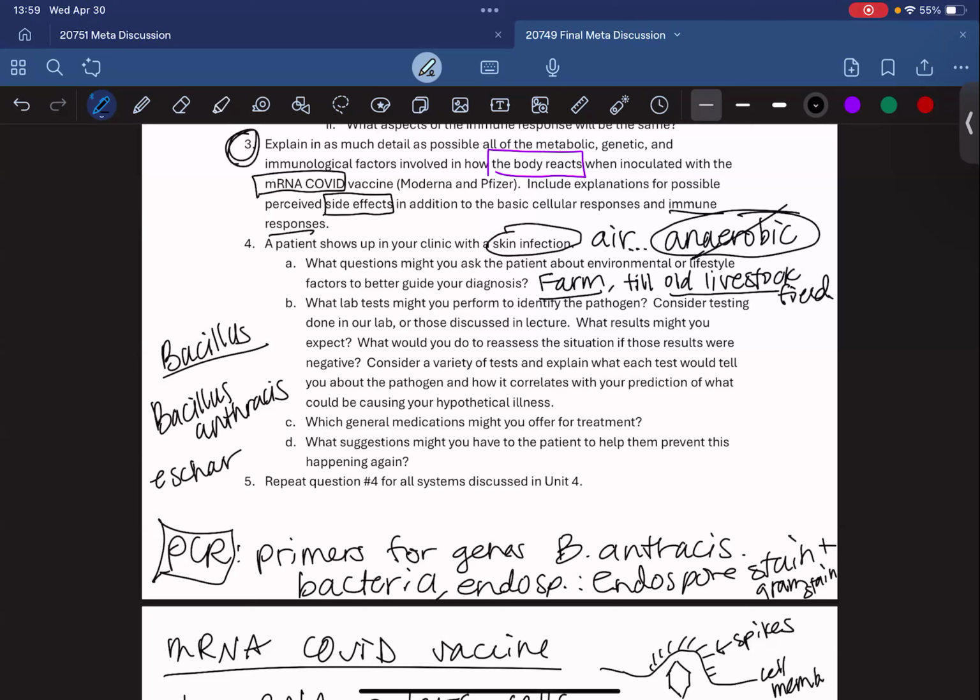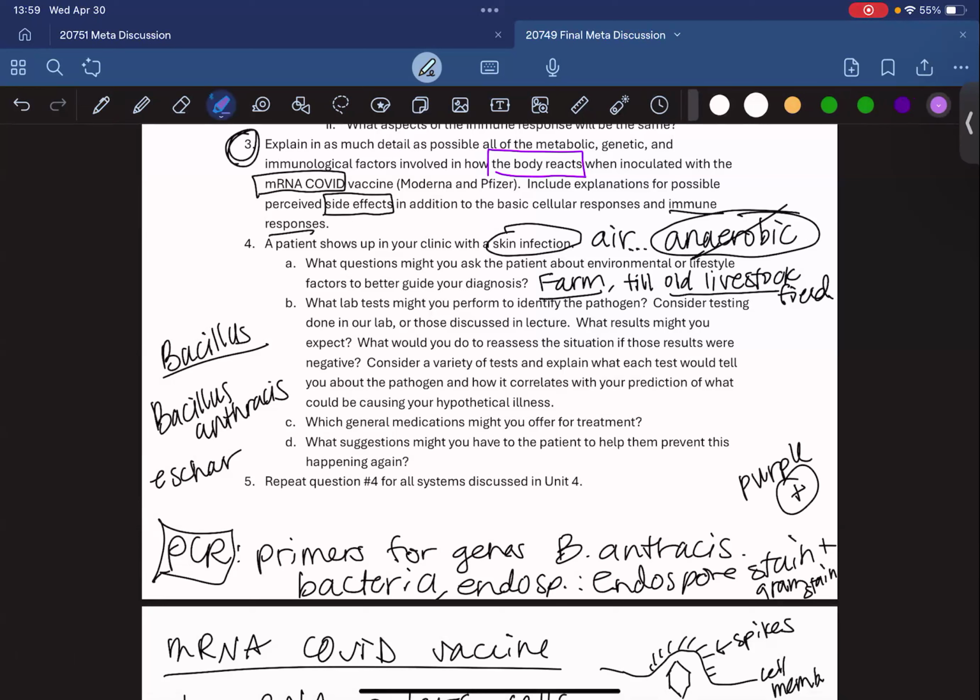So if it was Bacillus anthracis and it does make endospores, then what kind of gram stain would it have? Purple for positive, because all endospore forming bacteria are gram positive. And so these are some tests that I could do: the endospore stain, the gram stain, maybe PCR if I have the primers for this disease. So that could help me with Bacillus anthracis.